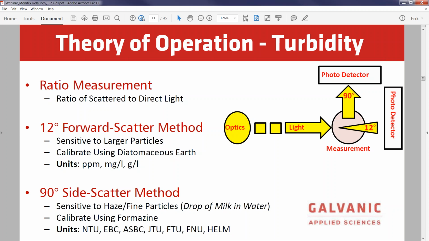It probably doesn't have a halogen lamp source like we do in our process unit. It'll probably have an infrared diode, but absolutely you can be assured that the optics are in an arrangement of 90 degrees from the lamp, just like we show in that little diagram with the yellow with the light going through, and at 90 degrees. So that would be the unit that we would offer for that application.